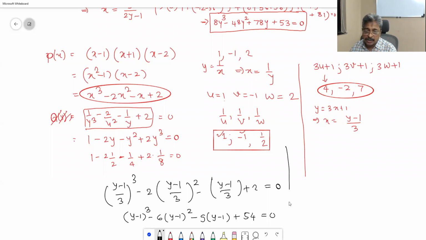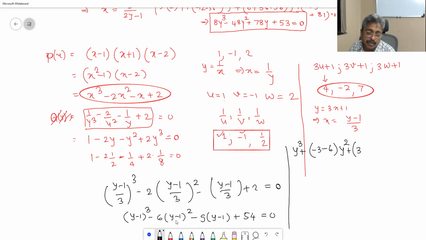Okay, so let us do this now. This is y cube. What will be the coefficient of y square? It will be minus 3 from here. It will be minus 6 from here. Plus, what will be the coefficient of y from here? Plus 3.